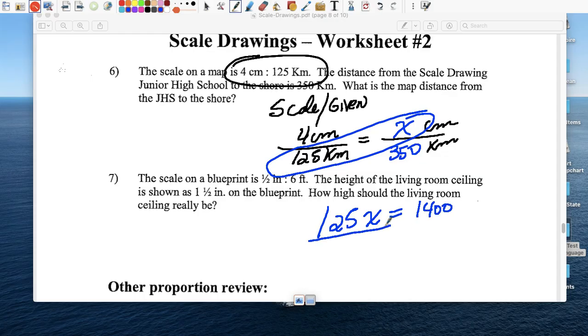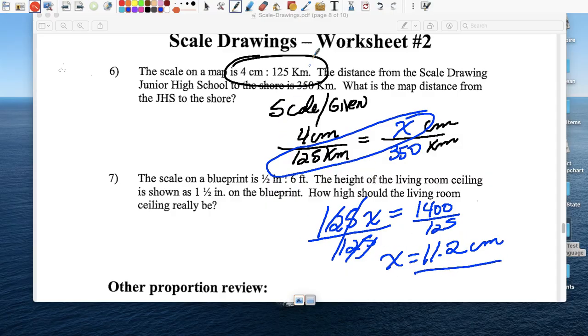Then we divide by 125. These two simplify to 1. x equals 1400 divided by 125, and that gives us 11.2. So in our map, 350 kilometers would be just 11.2 centimeters.